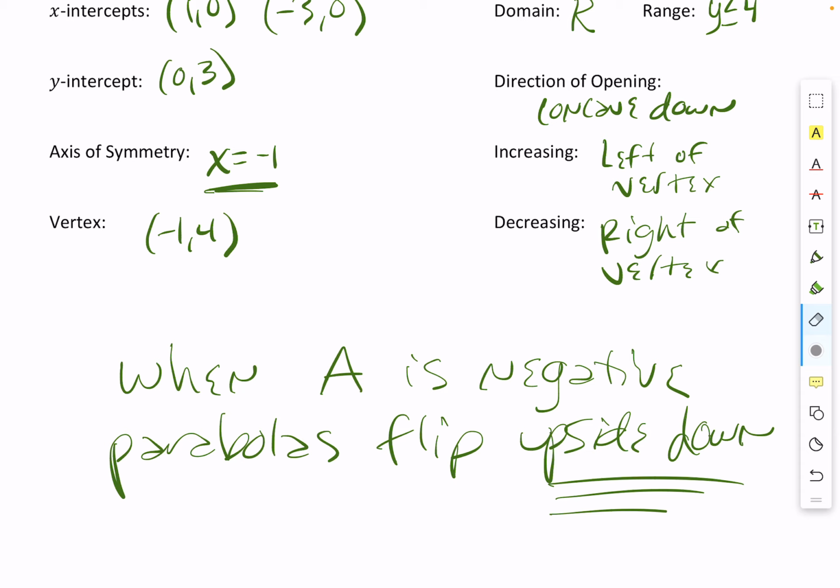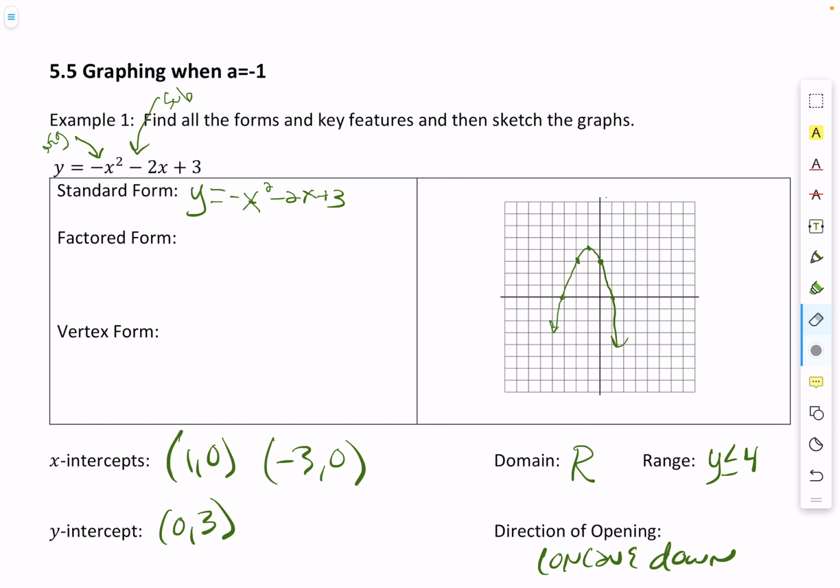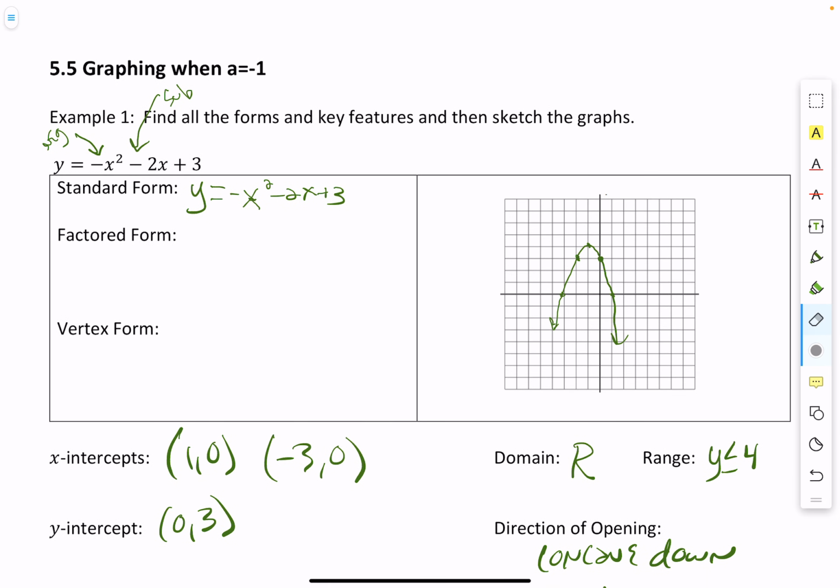Okay? Good. We've done this negative with factored form before, so we're going to review that now. But we haven't done a negative with vertex form, so that's the new stuff for today. So let's review the factored form. How do we get it in factored form when there's a negative in front? We are going to do a puzzle. You got it.